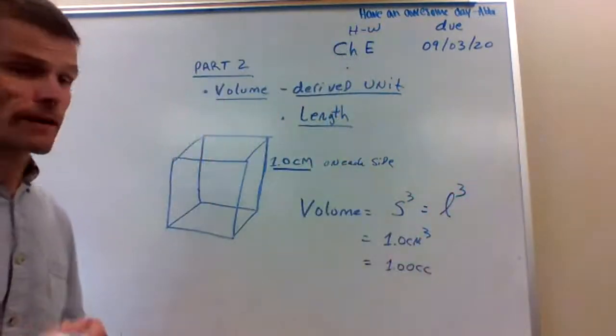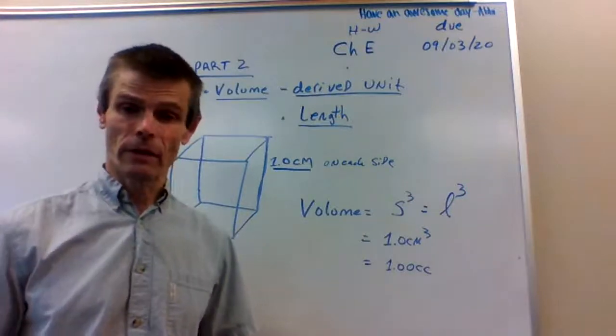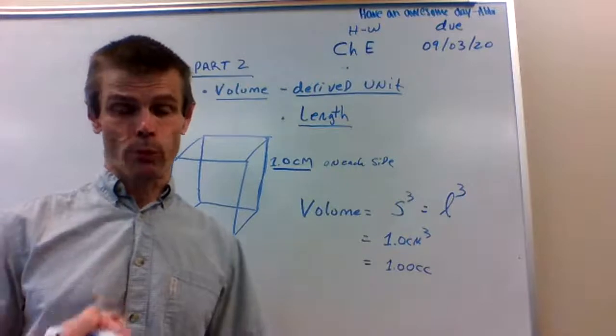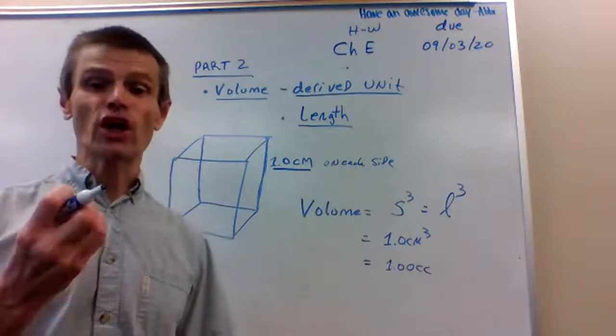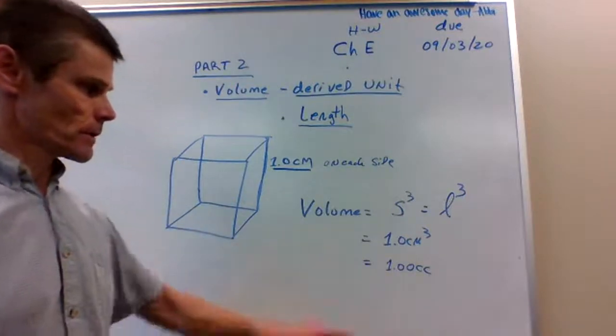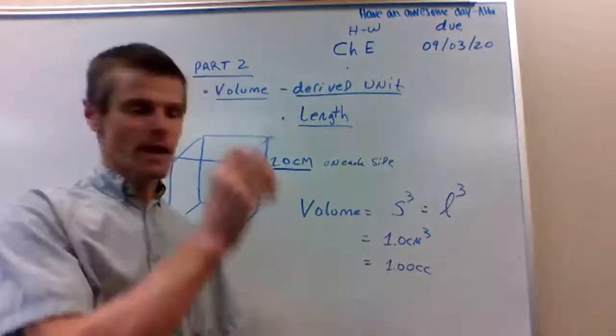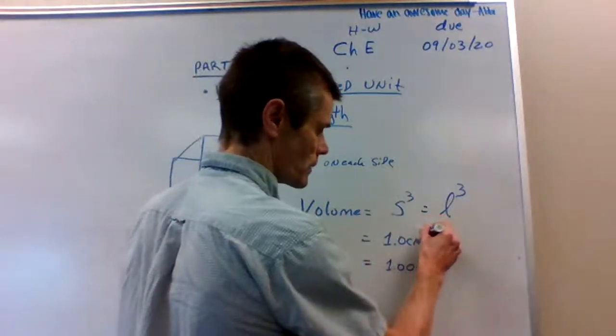If we take 1 times 1 times 1, we would see that that's 1, and it's discussed as 1 cubic centimeter. It's written 1.0 cm raised to the power of 3.